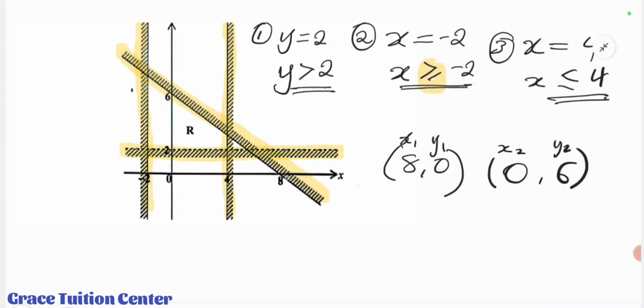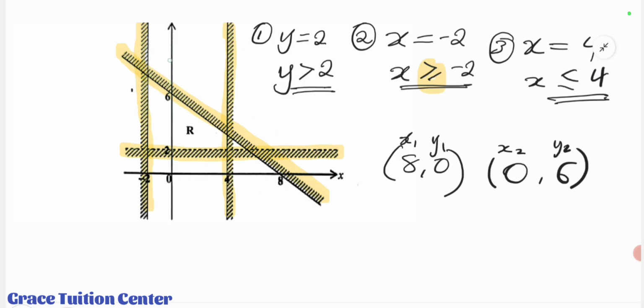Please make sure that when you pick your point, bear in mind that on the x-axis, y is always 0. That's why I've picked 8, 0. On this point, x is 8, y is 0. And on the y-axis, x is always 0.